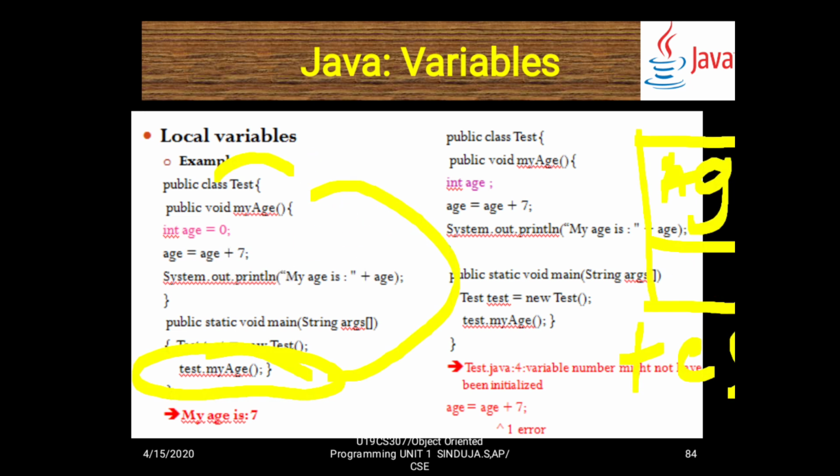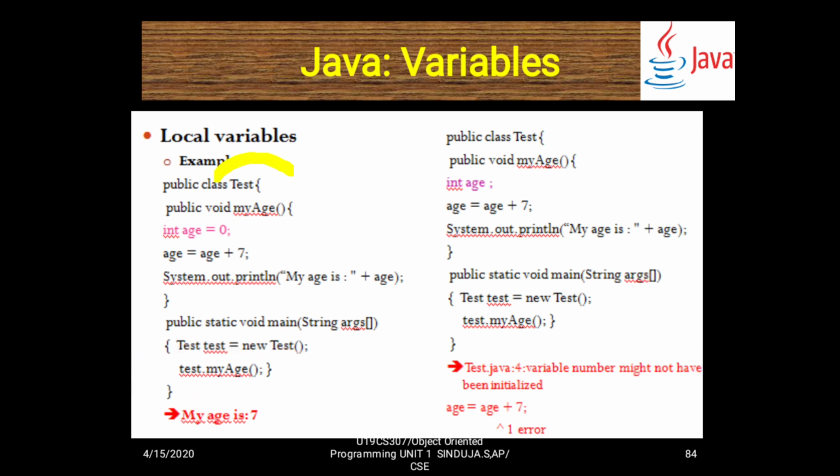Okay, next is your println statement. It sends out your value. The value sent is nothing but your 7. So your storage of age is allocated when a function is called. This is called your local variable. So now your output is printed as age equal to 7.